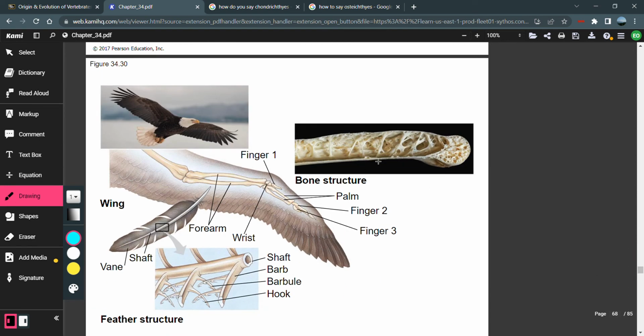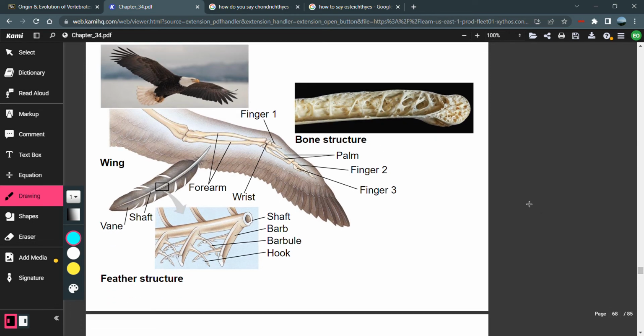These birds have hollow bones, which allows them to reduce weight, and also if they fall from flight, their bones will not completely shatter because it is not a hard, filled-in volume or a full volume of bone.